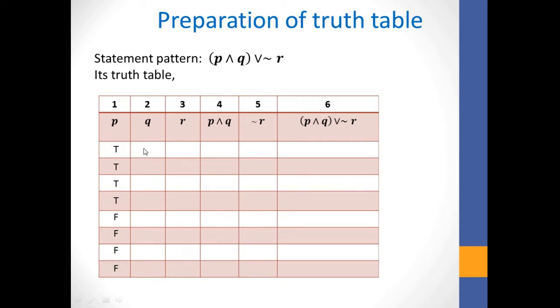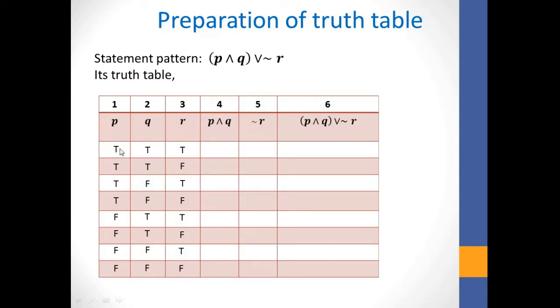Then for Q we write T, T, F, F, T, T, F, F, and for R we write T, F, T, F, T, F, T, F, because there are total 8 combinations of T and F for 3 statements. So it is very convenient to write the truth values for P, Q, R like this.